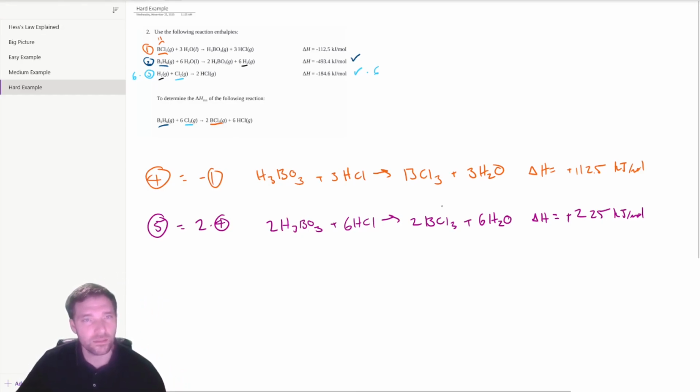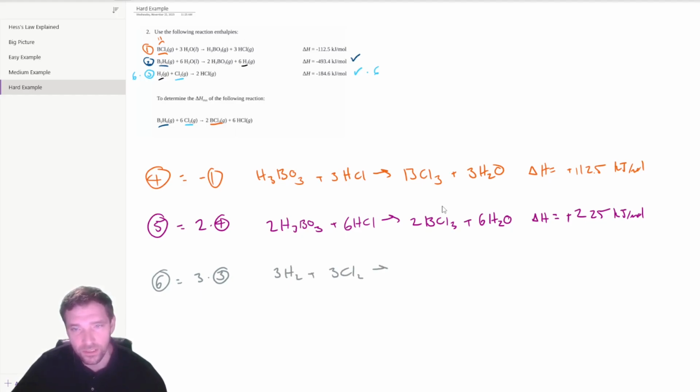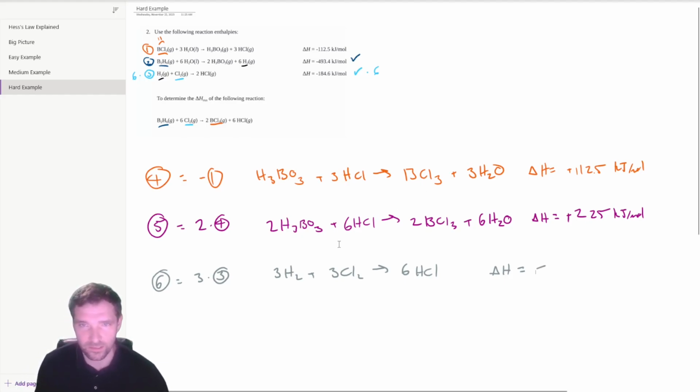So for what I'm going to call this line 6 here, that's going to be 3 times line 3. So, and I think that that would end up giving us close to what we want. So we've got 3H2 plus 3Cl2 goes to form 6HCl. And now that change in H value for that new reaction is going to be 3 times what it was. It is still going the same direction, so it should still be a negative.